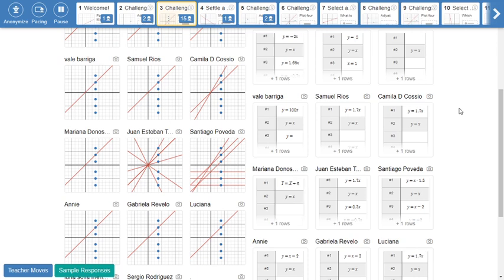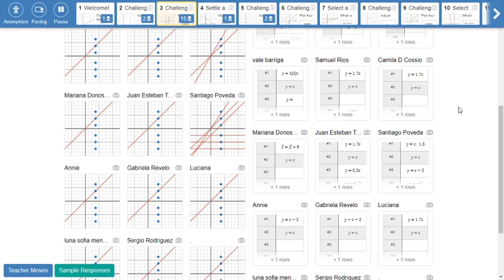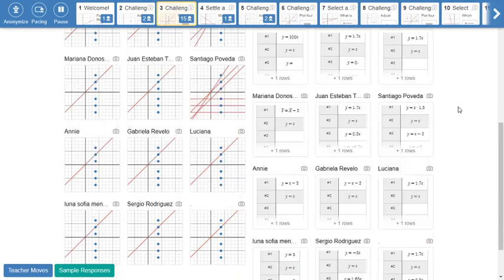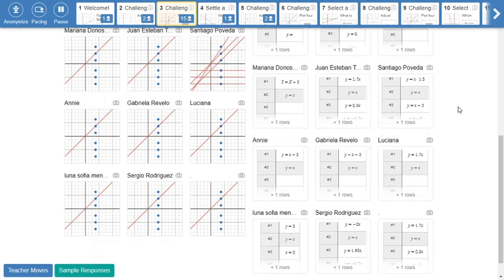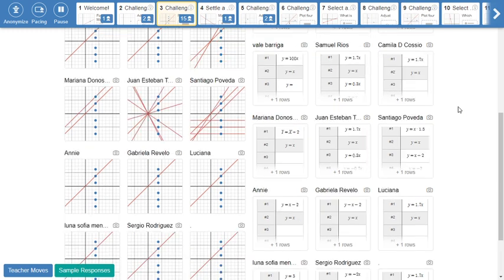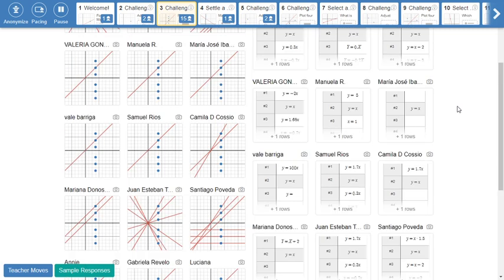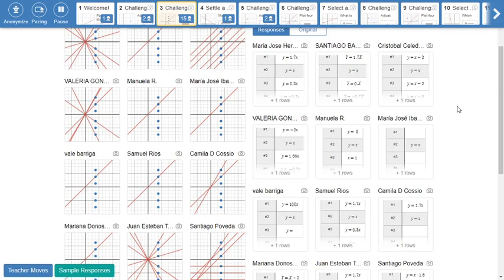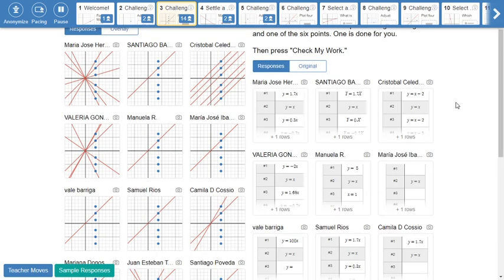Juan Esteban Torres, very good. Sergio is not here. Luna Sofia, Juan Esteban, very good. Mariana Donoso, remember that all the lines have to pass through the origin. Look at that. It's like a star. You have to draw like a star. Very good. Cristobal, your questions are fine, but remember that all the lines have to pass through the origin.